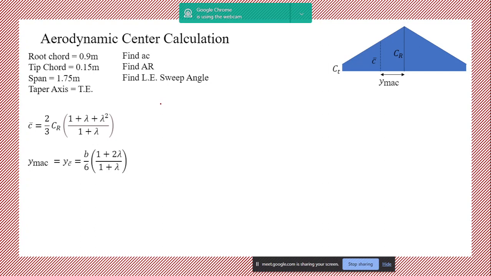Again, starting with XAC. XAC. What will it be? Try telling. So something like this. So this is your aerodynamic chord. Mean aerodynamic chord will be CR plus CT by 2.